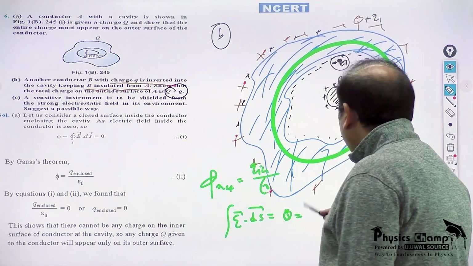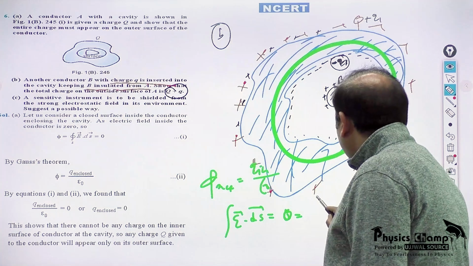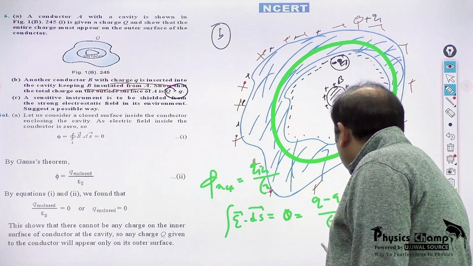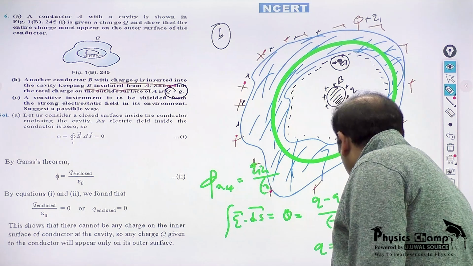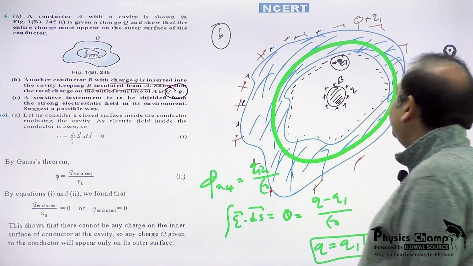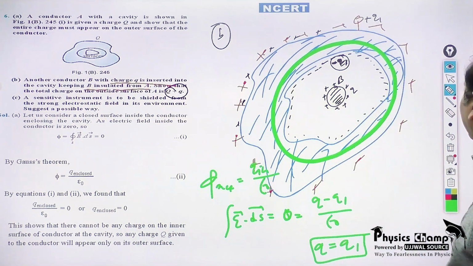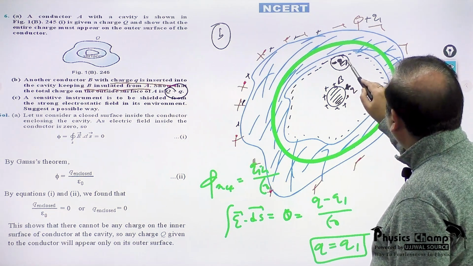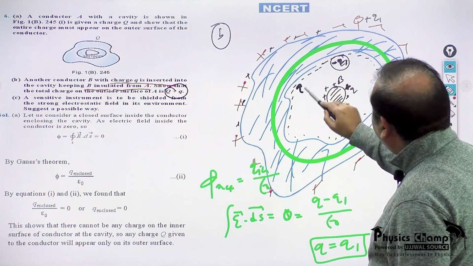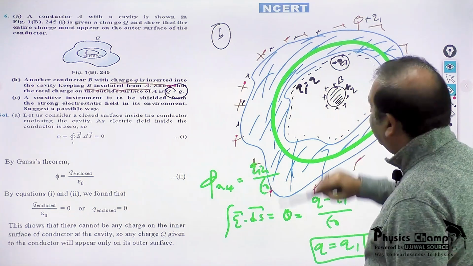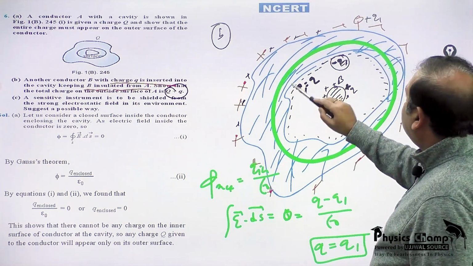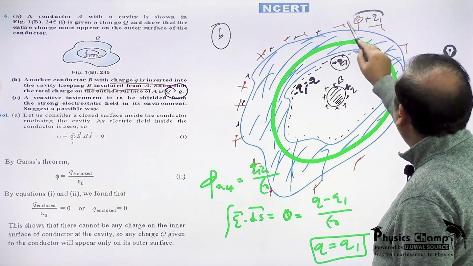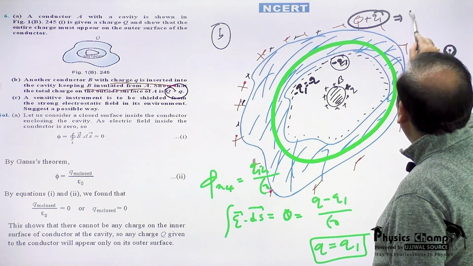It should be equal to charge inside. What is charge inside? q minus Q1 by epsilon naught. So we come to the conclusion that q is equal to Q1. So the result is that if this is a charge q, then this charge Q1 will be q only. So this induced charge will be minus q and this charge will be Q plus q.